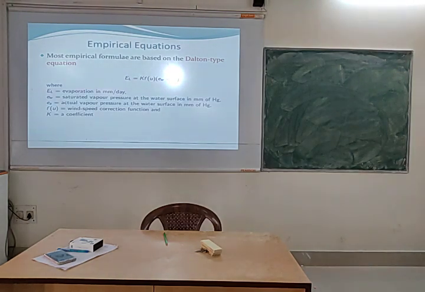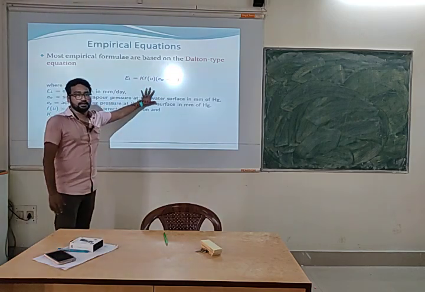Now, to find out the evaporation, ultimately we need to find out the amount of evaporation, nothing else, right? To find out the evaporation, we can use some empirical formula. Most of the empirical formulas are based on this equation, which is the Dalton type equation.